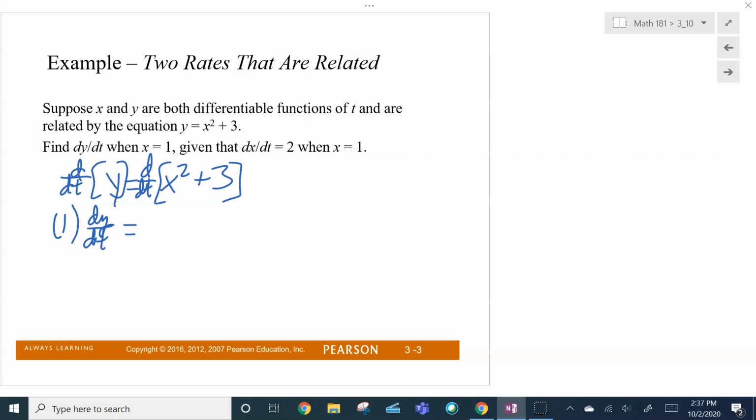Over here we take the derivative of x squared, 2x, again variables disagree, so we have dx dt, and of course the derivative of 3 is 0, so plus 0.